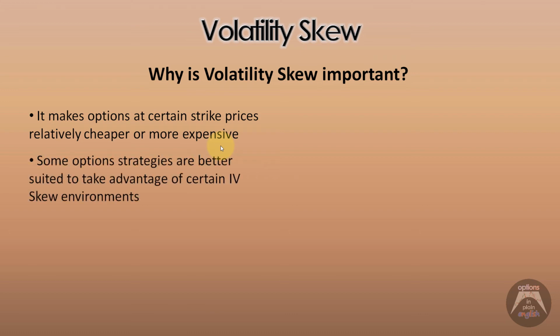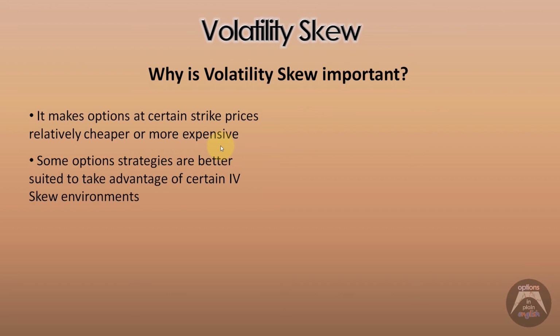Some option strategies are better suited to take advantage of certain IV skew environments. So there are certain strategies, and we're going to be talking about them later, that are designed in particular to take advantage of this.